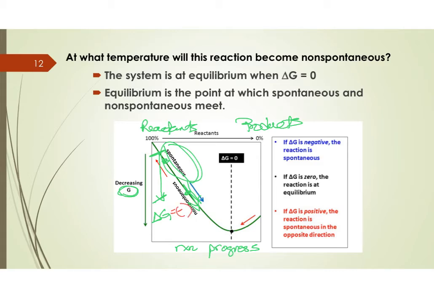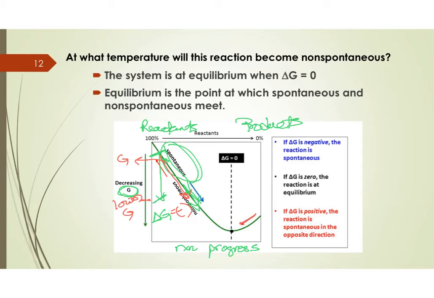It's lower. So if you start up here, you have one G value, and down here you're going to have a lower G value, right? And so delta G is going to be decreasing, and so it'll have a negative value.